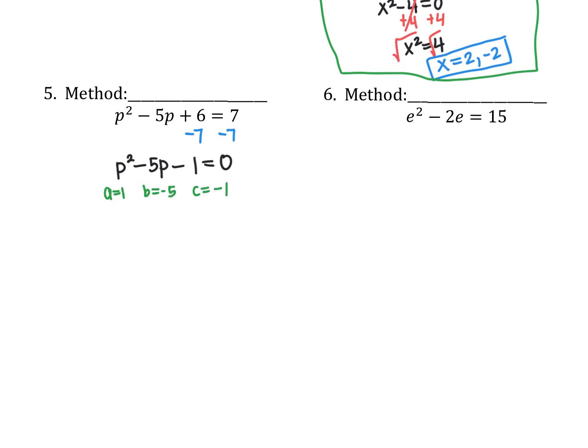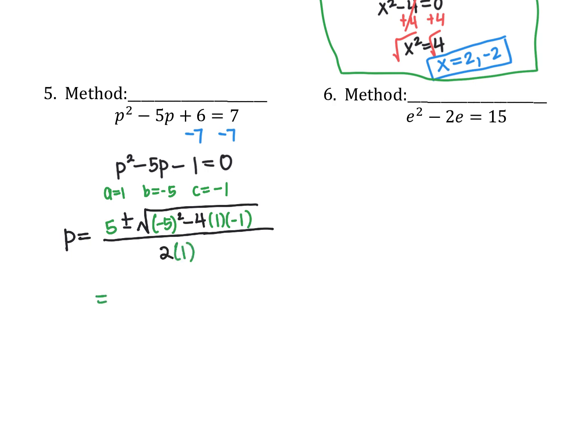So I'm solving for p, so it's going to be p equals negative b. Since b is -5, if I do -5, I get +5, plus or minus the square root of b squared minus 4 times a times c, all over 2a.